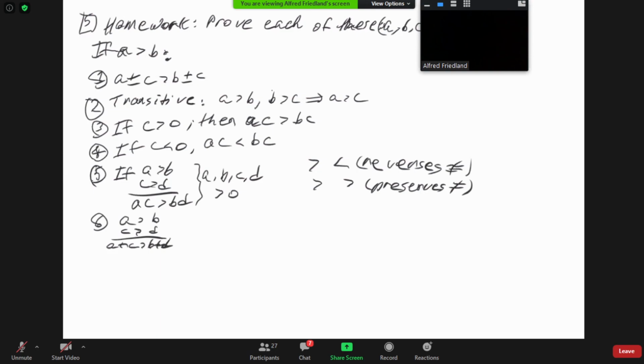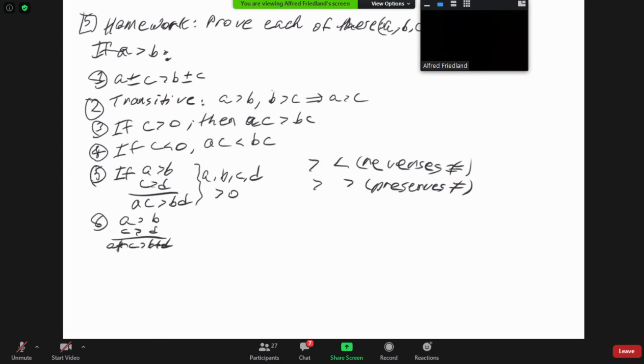Okay, I guess that's it. So first convince yourself. I mean, these are very simple and very trivial. Convince yourself that they're true. Obviously, in number 5, if A is bigger than B and C is bigger than D, and they're all positive, you can see what happens if they're not. You need positivity there. Then basically, what does 5 say?